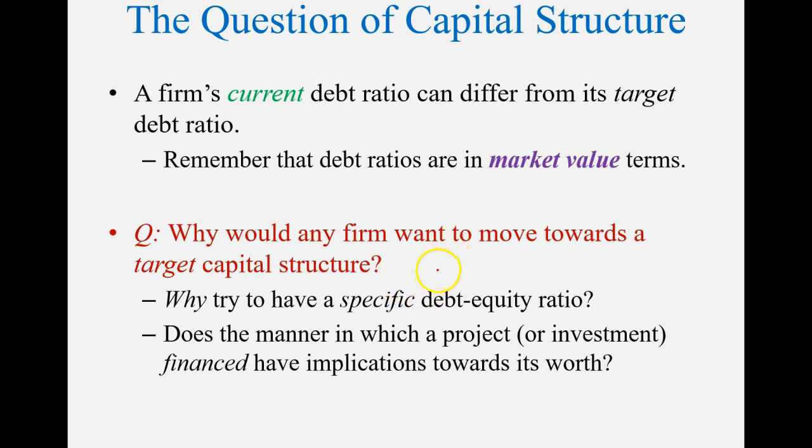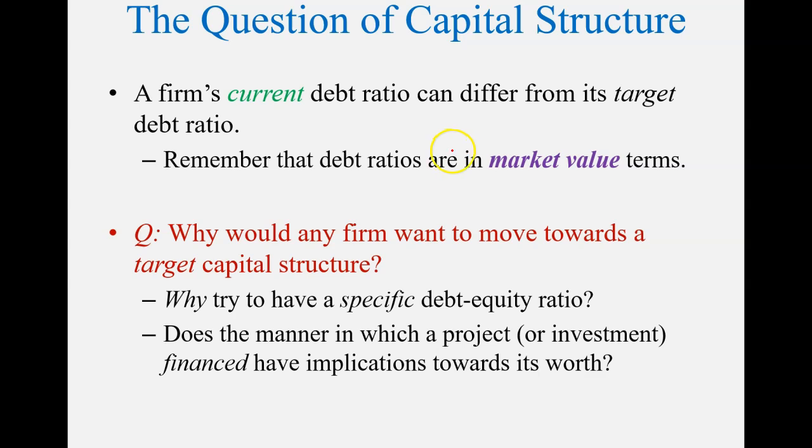Do you remember that Midland Energy had a certain capital structure, a certain debt to equity ratio, but then it was moving towards a target. A more fundamental question to ask is, why would you want to move from a current debt ratio to a target one? Is there something about the target that makes it better? Why would firms want to structure their capital differently?